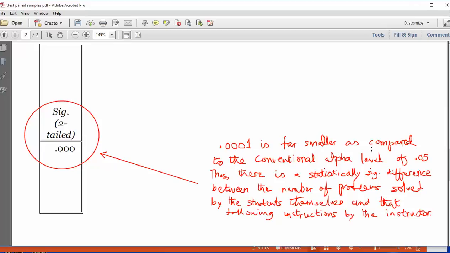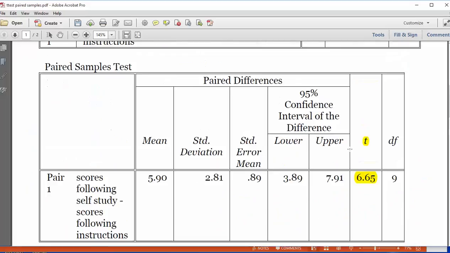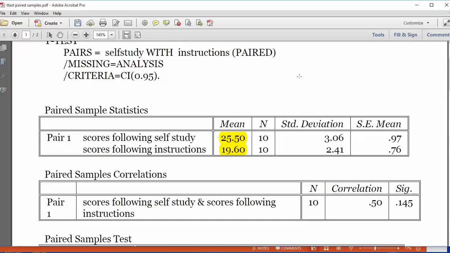And as you can see, in terms of the mean scores, when they solved the problems by themselves, they had an average of 25.5. Following the instructions of the instructor and solving the same problems, their average came down somewhat into the region of 19.6, telling you that perhaps they got a bit confused after the instructions they received, so their performance came down.